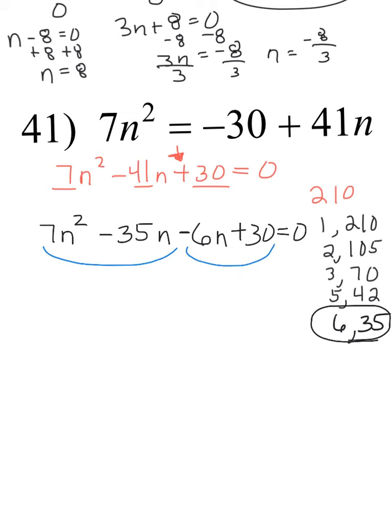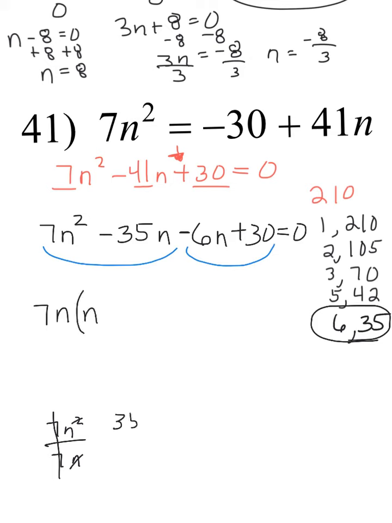So when we factor something out of the first two terms, the 7n squared minus 35n, the thing that's common in both of those terms is a 7n. So when we take 7n squared and we divide it by 7n, the 7's divide out, and the n divides with one n, and therefore we're left with an n.